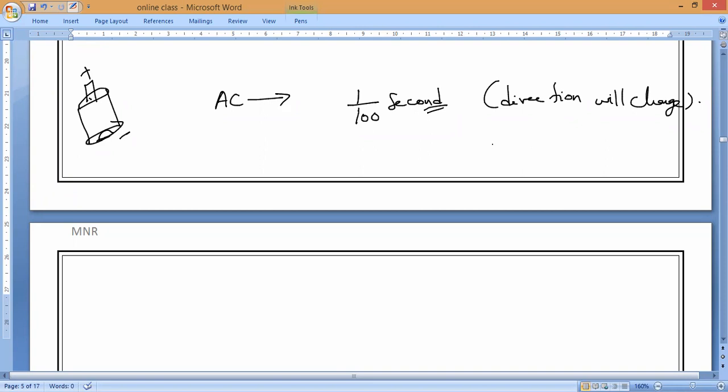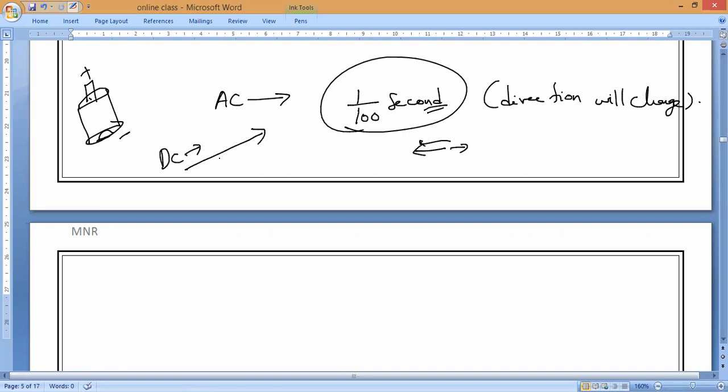But when it comes to our homes, the current reverses. AC current always reverses: it travels in one direction, and after every 1/100 second it reverses. But in DC current there is only a single direction, which always flows in the same direction.